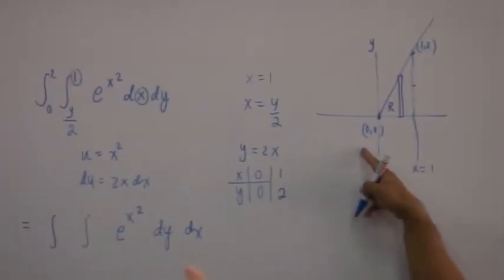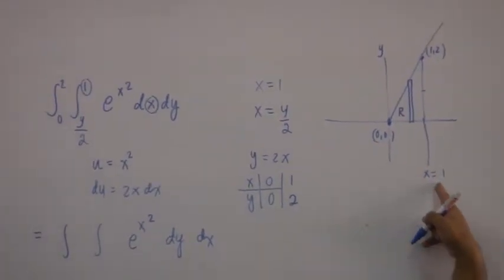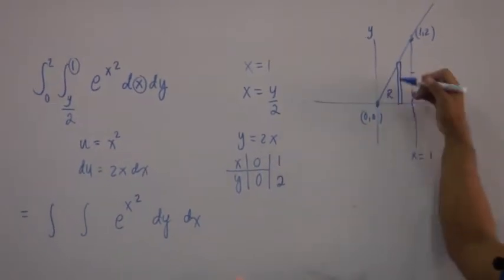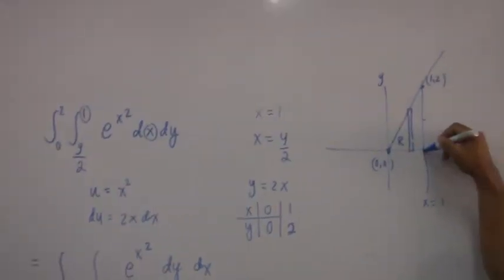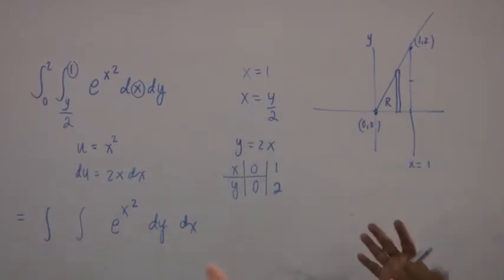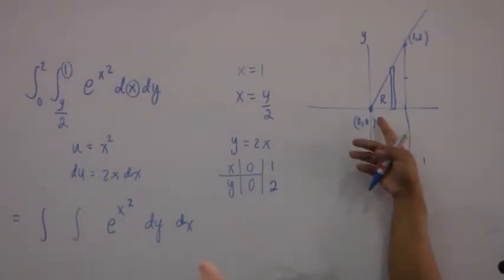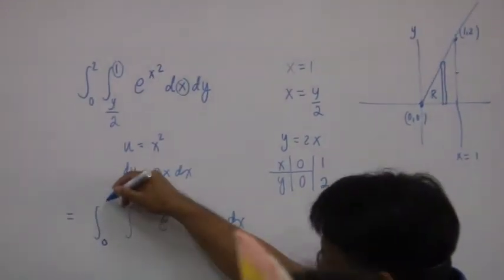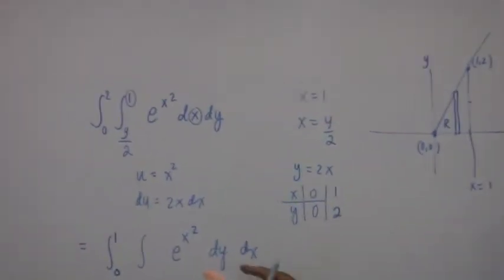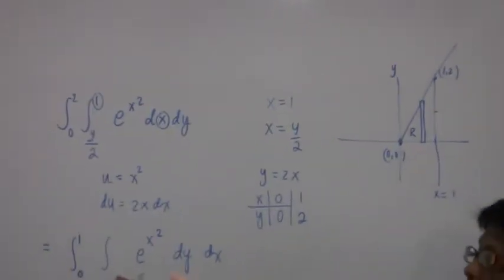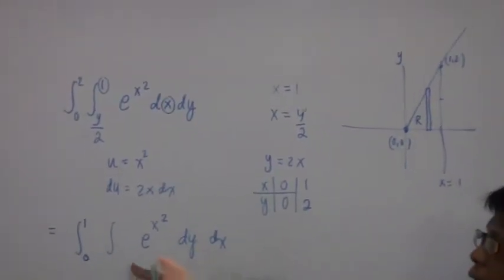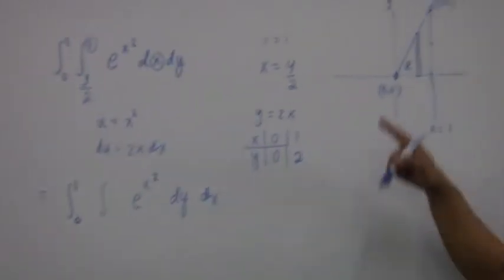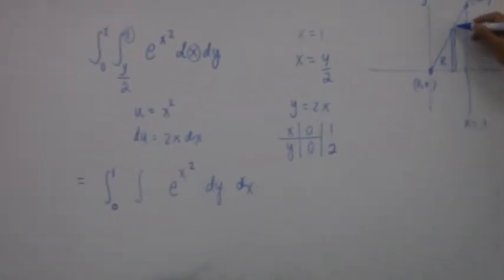Look at the x coordinates. These will be the limits, that is from x equals 0 to x equals 1, because these are the bounding points for the region. So that is 0 to 1. Then what about the inner variable of integration with respect to y? The limits come from the vertical strip. You identify the endpoints of the rectangle.